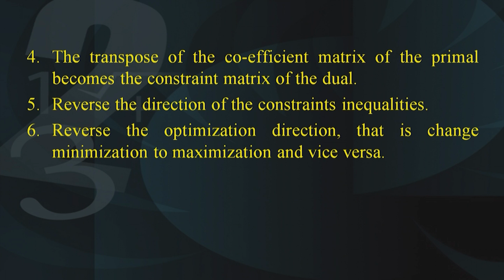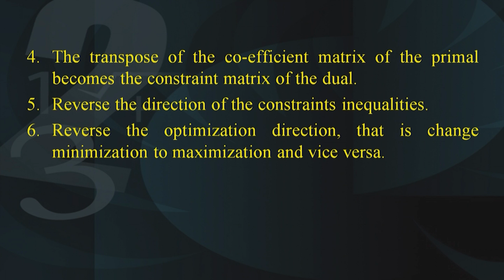Fifth rule is reverse the direction of the constraint inequalities. That is, you have to convert the left less than equal to the right hand greater than equal to, and the greater than equal to has to be converted into less than equal to.